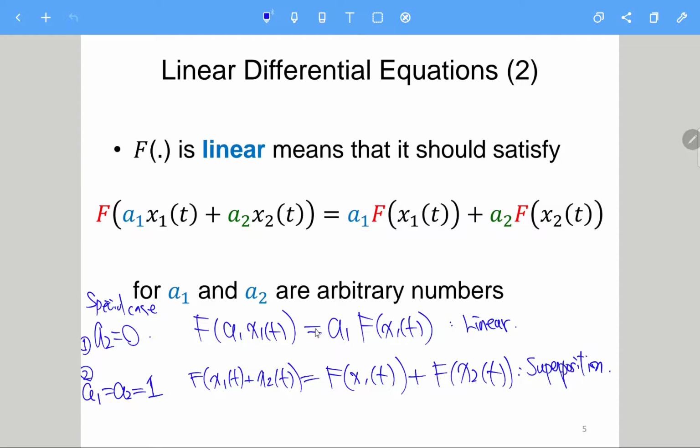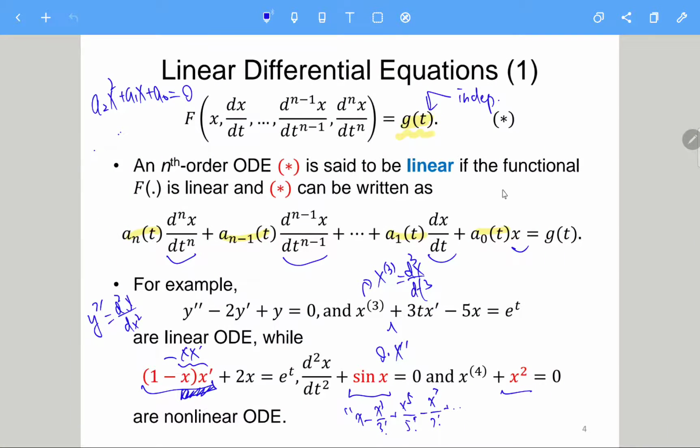Also you can use this property to check whether an ODE is linear or not. As long as you can just plug in, maybe you just put in b times x1 here.